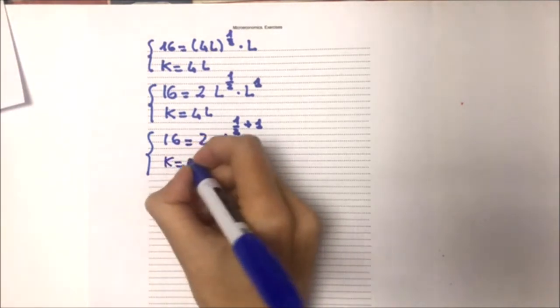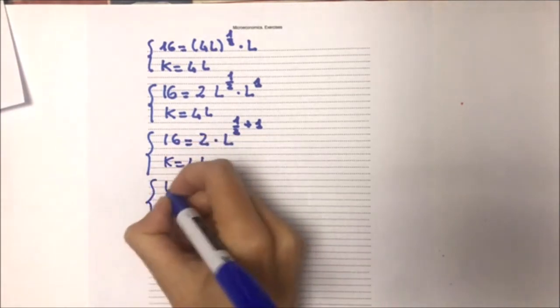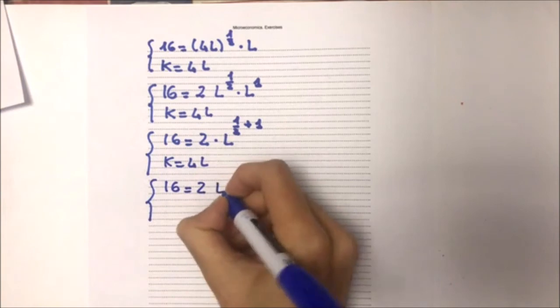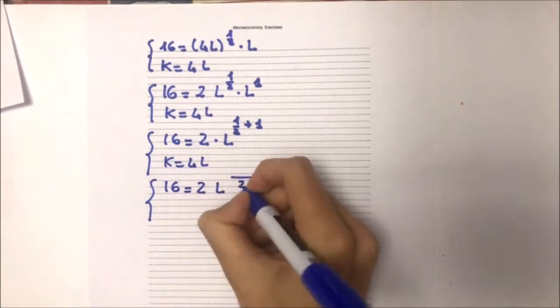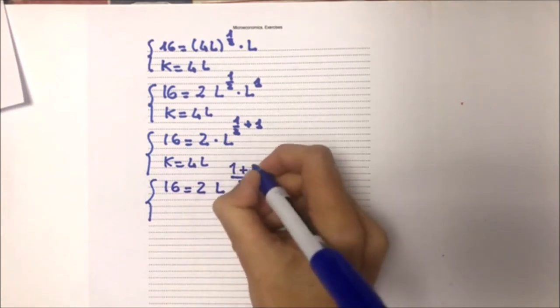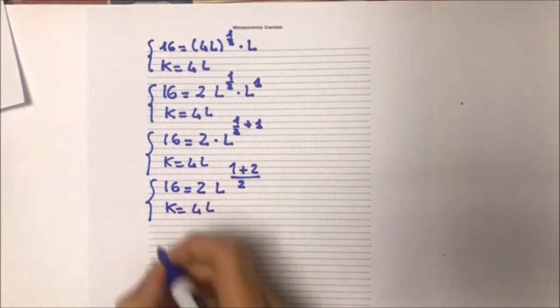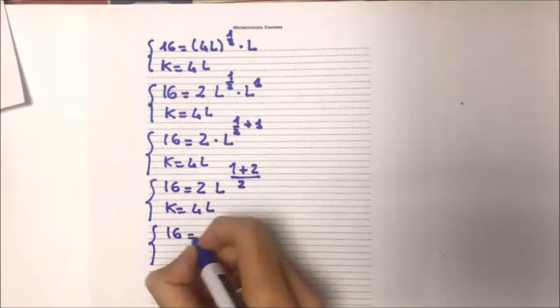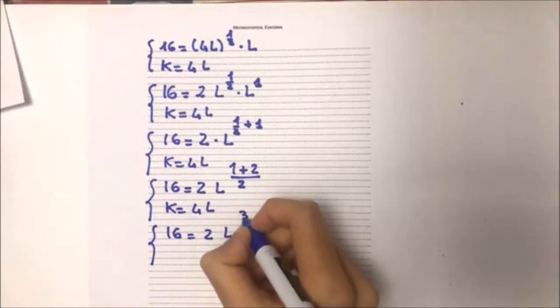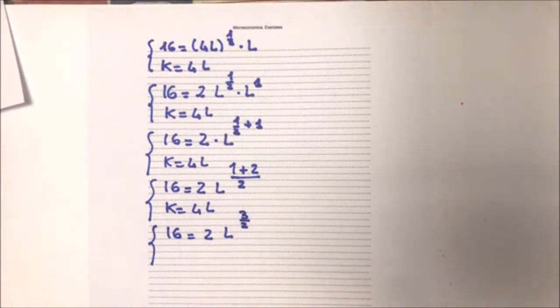K equal 4L. So we have 16 equals 2L. Here we have 2, and we have 1 plus 2, okay, and K equal 4L again. So we have 16 equals 2L to the power of 3 over 2 finally.